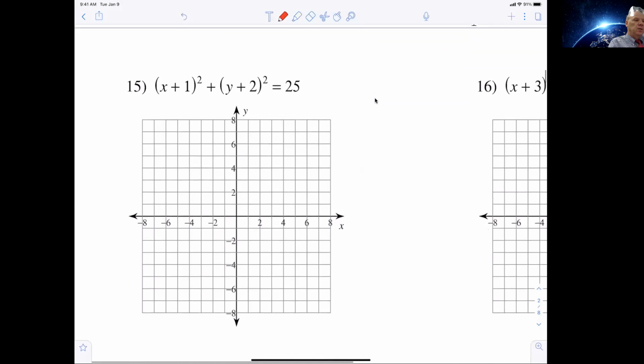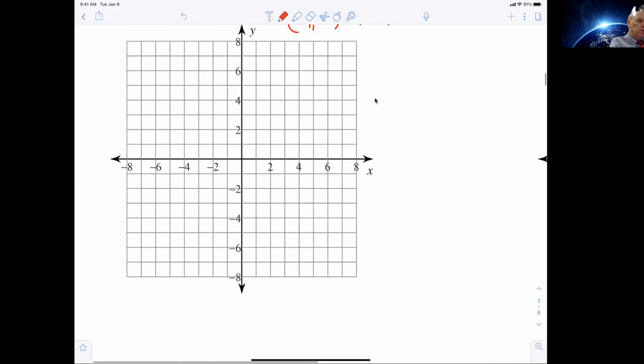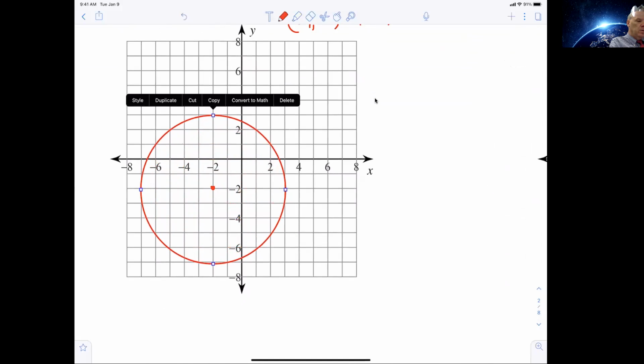All right, here we go. Let's look at 15. Center again, guys. Help me. -1, -2, and a radius of 5. So let's do that. -1, -2. Looks good to me.